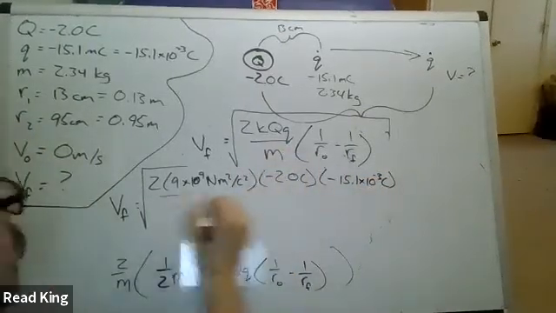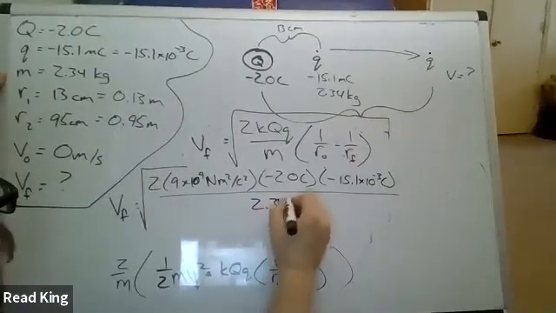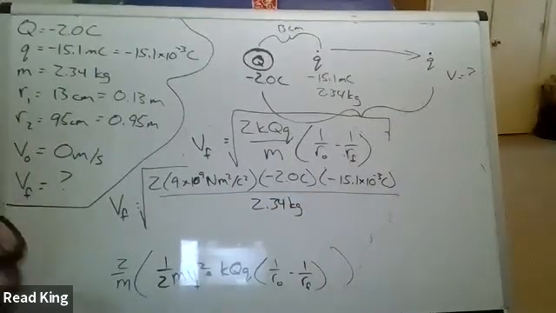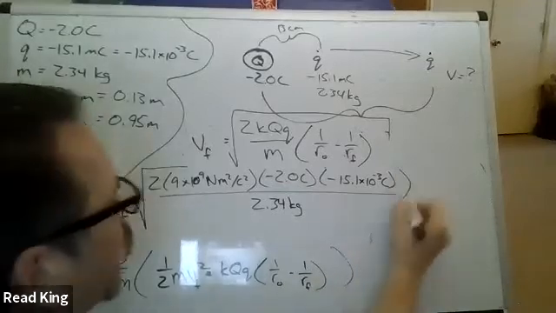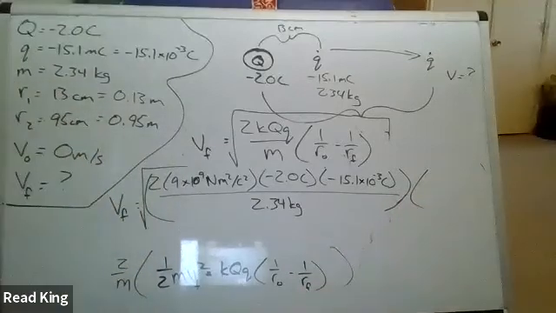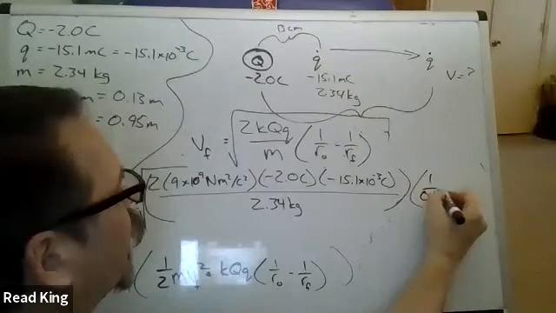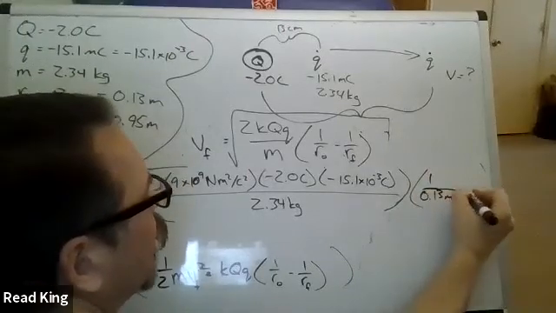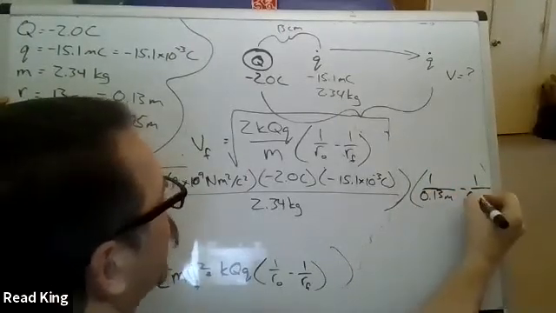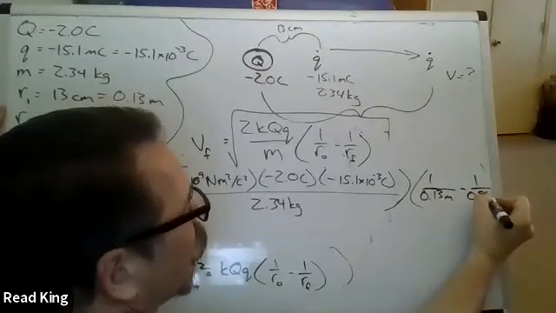That's all the K's, Q's over m, which is 2.34 kilograms. And then all of this times 1 over R naught, which is 1 over 0.13 meters, minus 1 over, what was it, 0.95 meters.